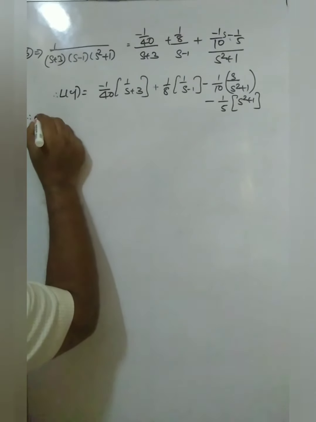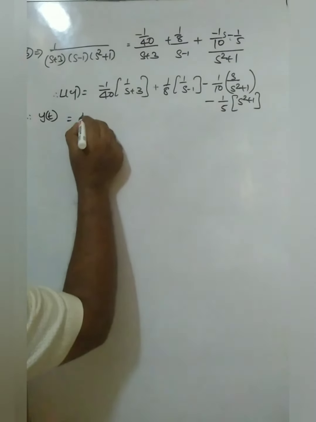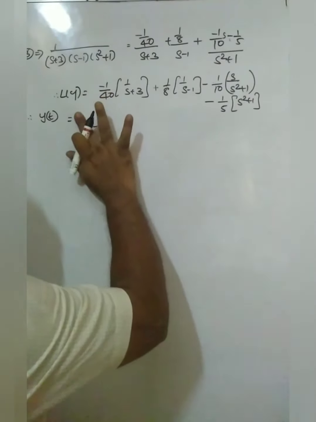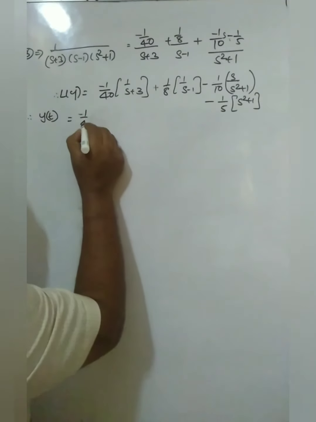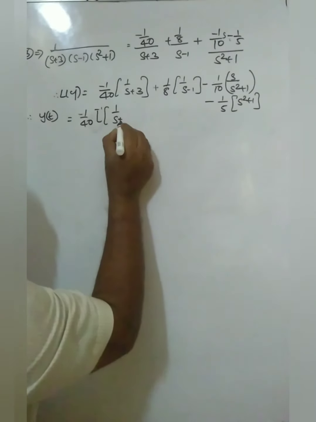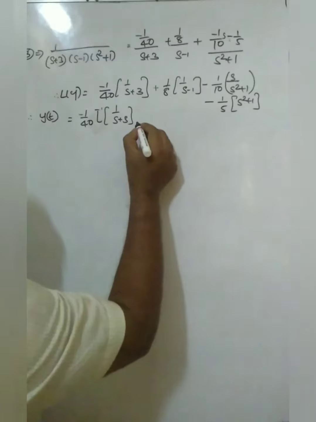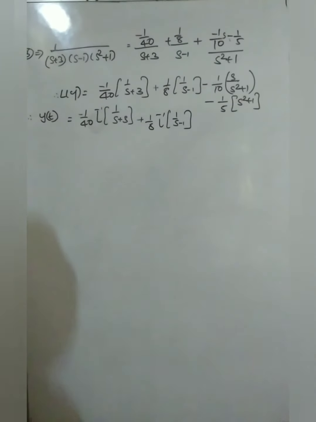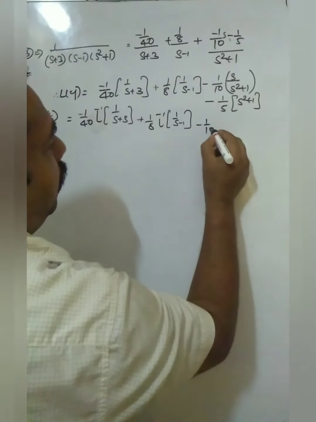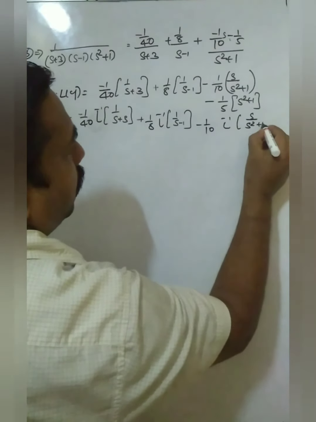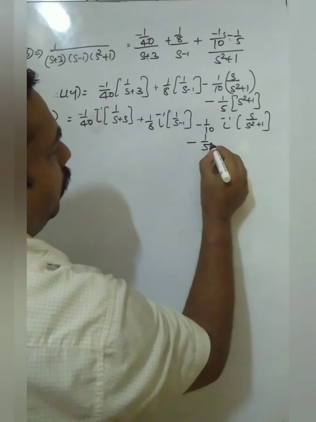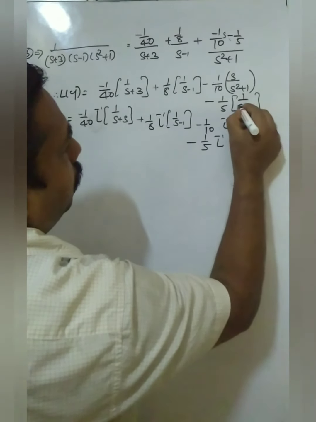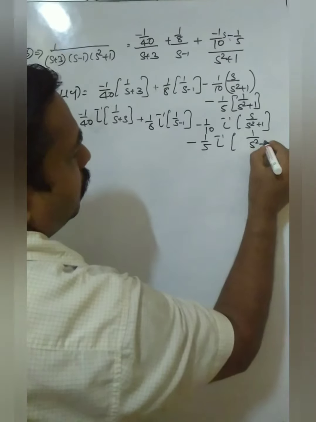Therefore, y of t equal to L inverse of, we take minus 1 by 40 outside, L inverse of 1 by s plus 3, plus 1 by 8 into L inverse of 1 by s minus 1, minus 1 by 10 L inverse of s by s square plus 1, minus 1 by 5 into L inverse of 1 by s square plus 1.